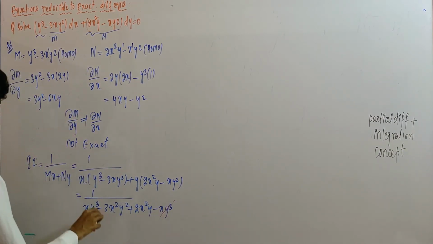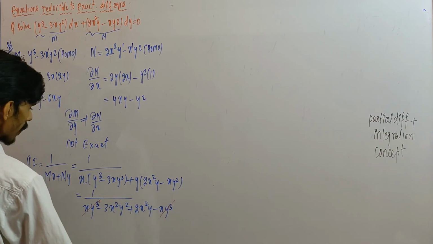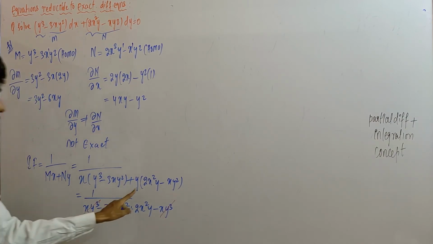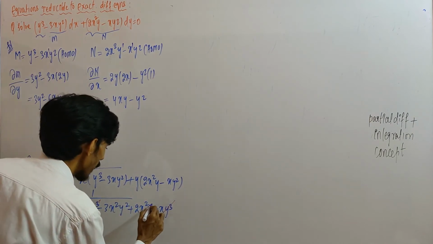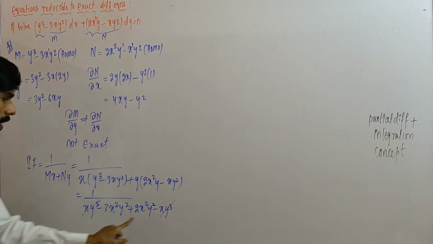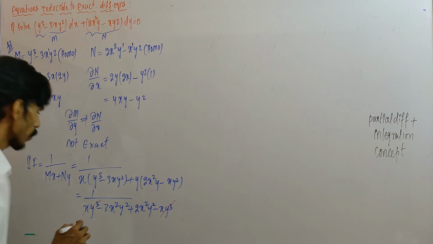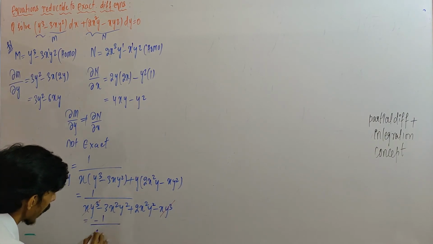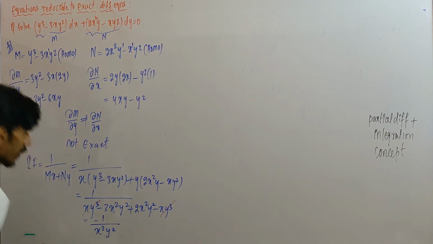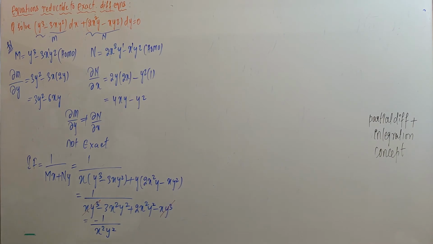Now this term will get cancelled. Here I have x square y square, 3 minus 2, we have minus 1 by x square y square as the integrating factor.